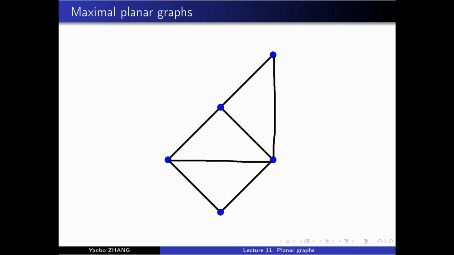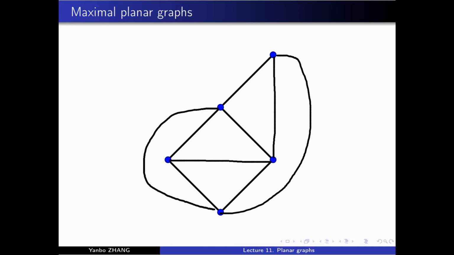Now we see that we can still add more edges. It's still planar. Can we add some more edges? Yes, we can. It's still planar. Now we cannot add more edges to this graph because if we add one more edge to this graph, it becomes a non-planar graph.